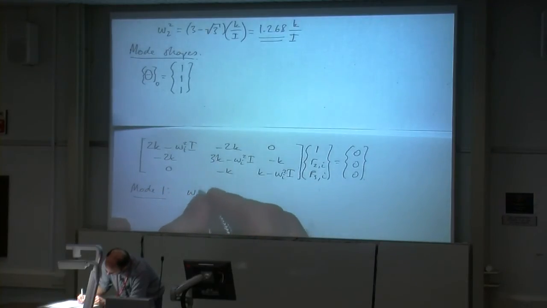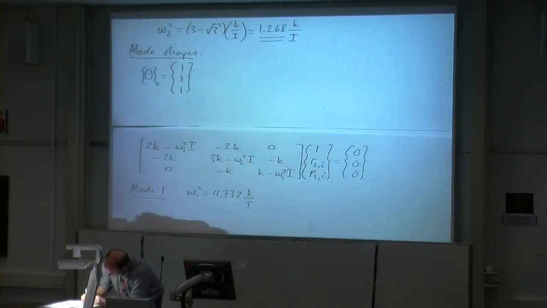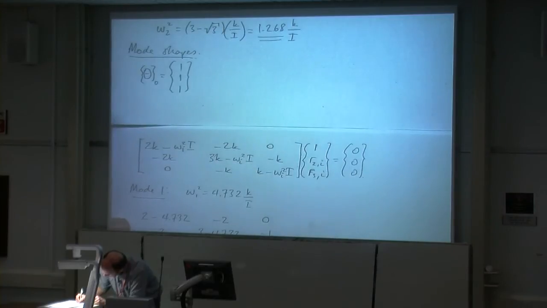So for mode 1, omega 1 squared is 4.732 K upon I. If I stick that into the equation, I get 2 minus 4.732, minus 2, 0; minus 2, 3 minus 4.732, minus 1; 0, minus 1, and 1 minus 4.732.